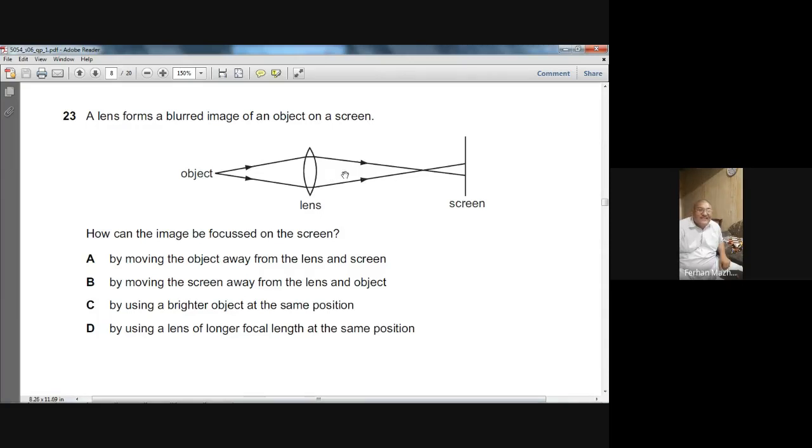Image comes near the lens. If the object comes near the lens, the image goes away from the lens. If you have done that topic very carefully, you must have noticed as we move the object closer to the lens, the image moves away from the lens.